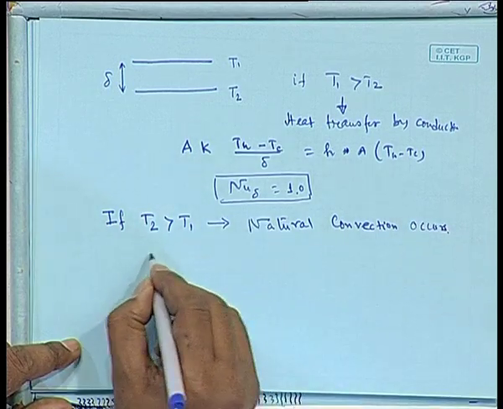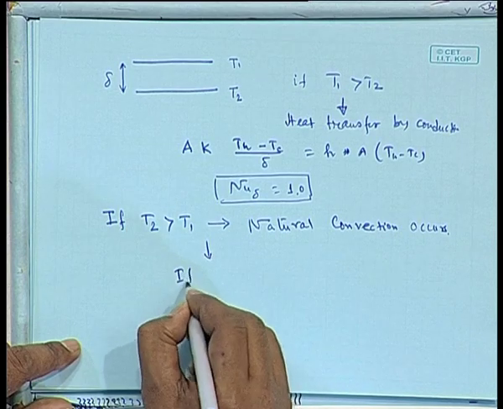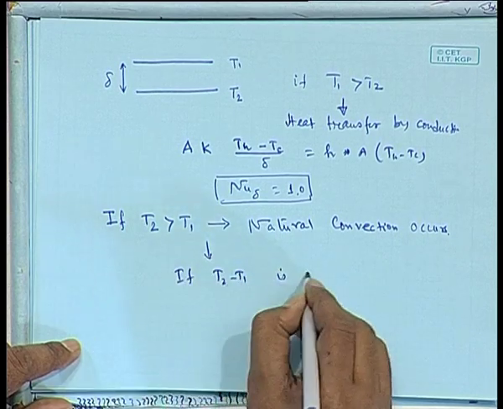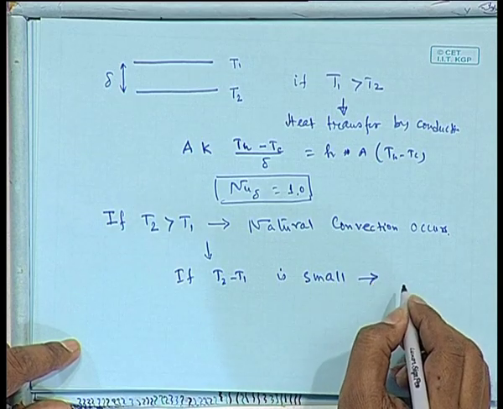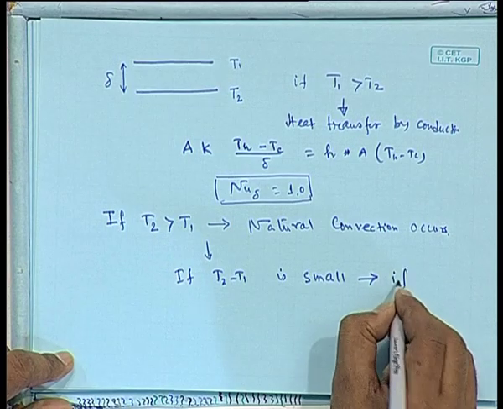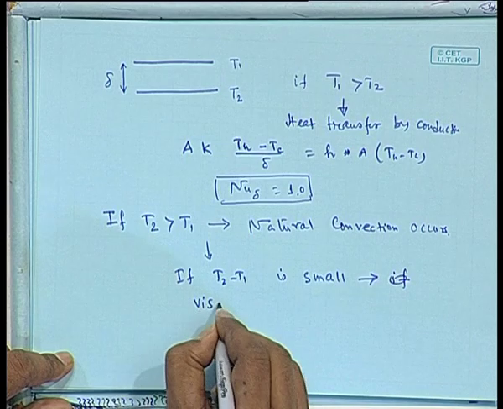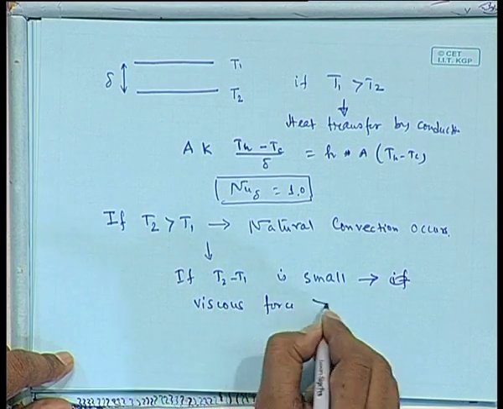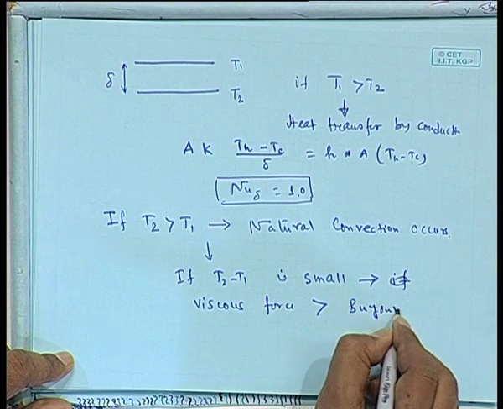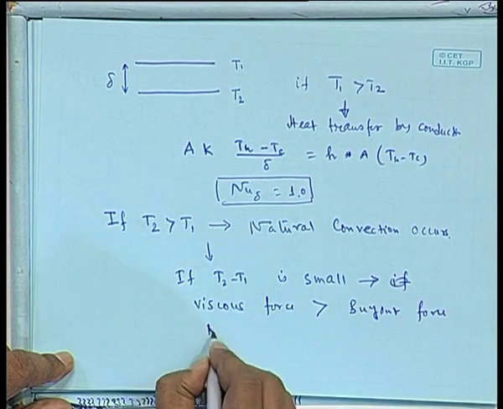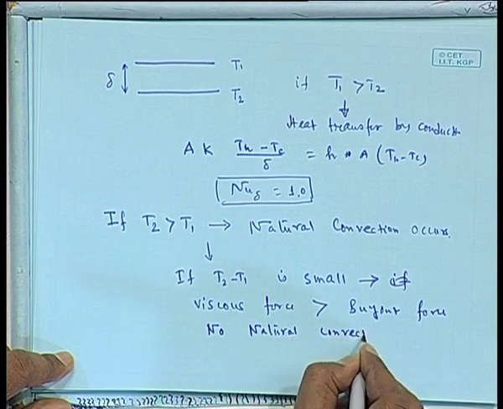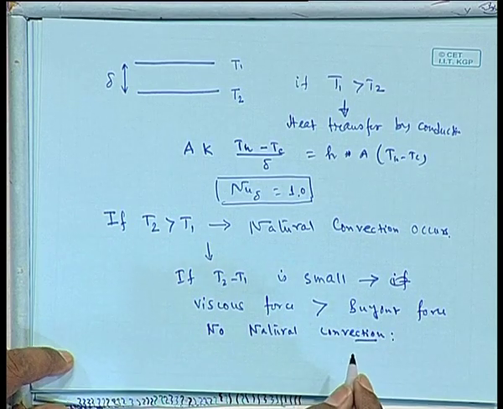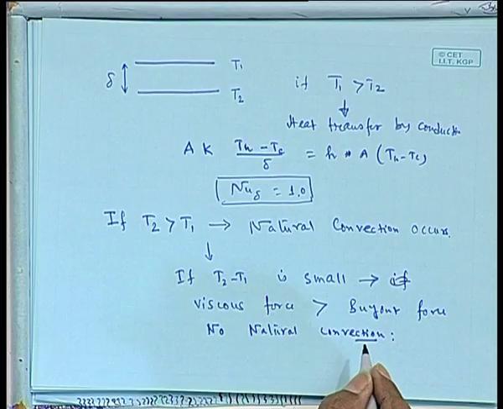Even here, if T2 minus T1 is small, there may not be natural convection, provided the buoyant force is less than the viscous force. That means there must be some critical Rayleigh number, or product of Grashof and Prandtl, beyond which natural convection occurs.